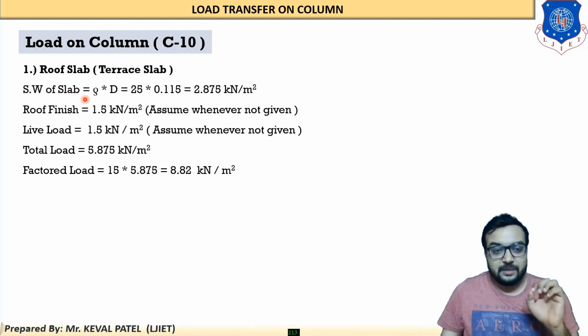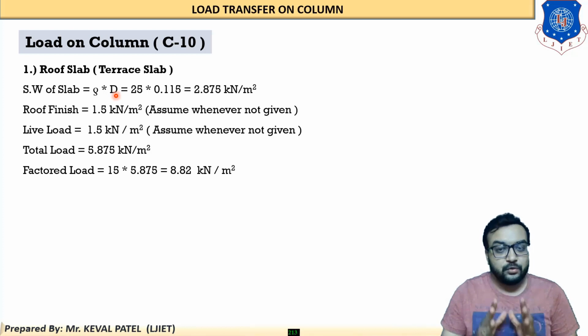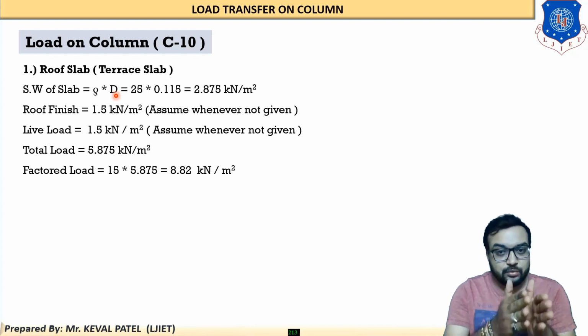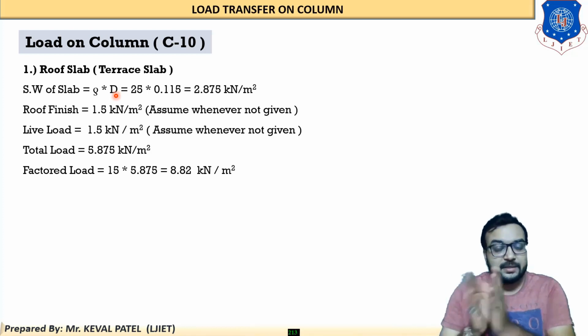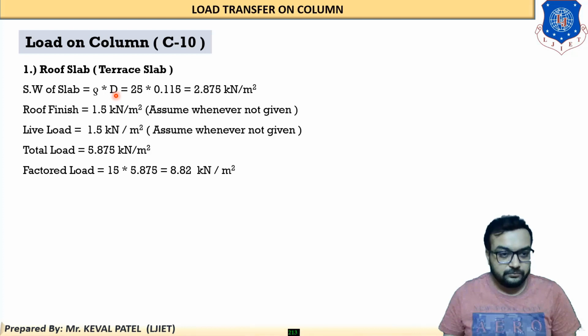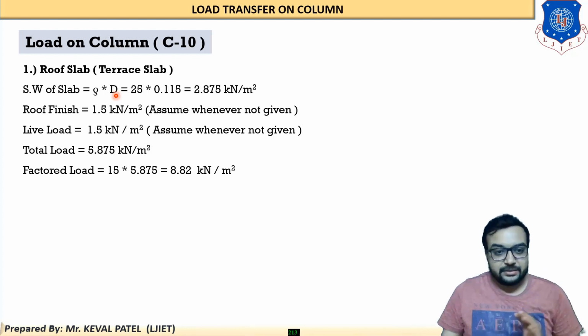We first have to find all the loads in kilonewton per meter square, and after that multiply by the length over which load is transferred to the column, converting kilonewton per meter to kilonewton. How to convert all the loads will be discussed in the next lecture.